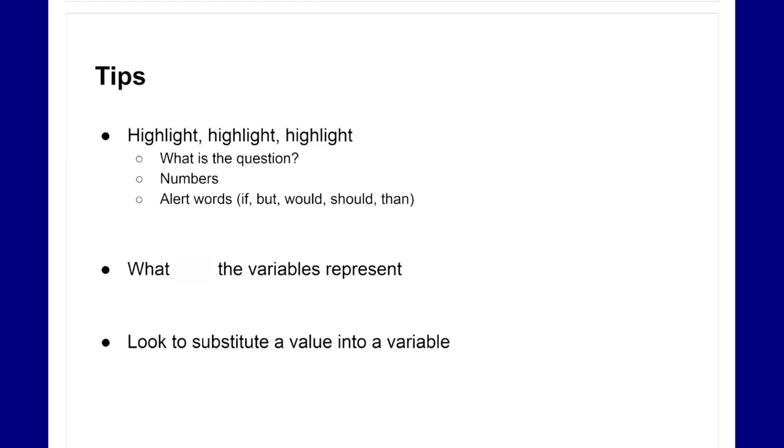Is it time? Is it number of people? Whatever the case may be. The reason we want to know what the variables represent is that chances are we're going to have to substitute a value into a variable, to replace a variable with a value. And if we know what those values or variables represent, it's going to be easier to substitute.